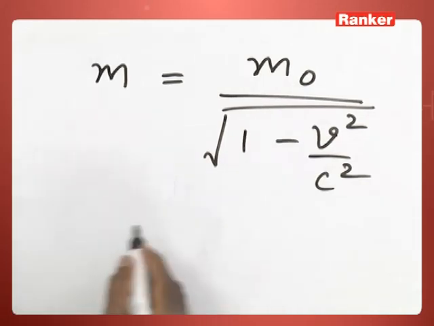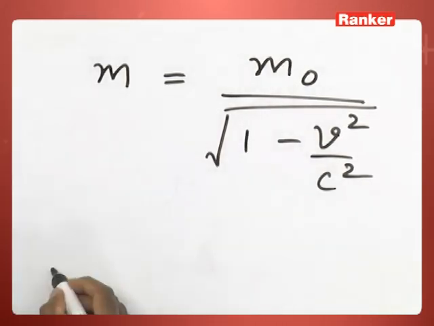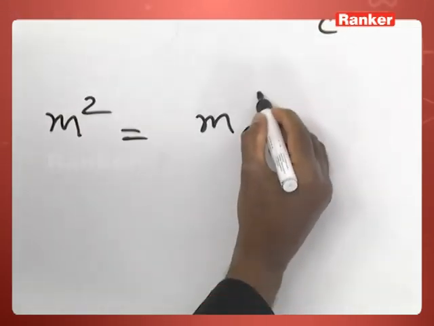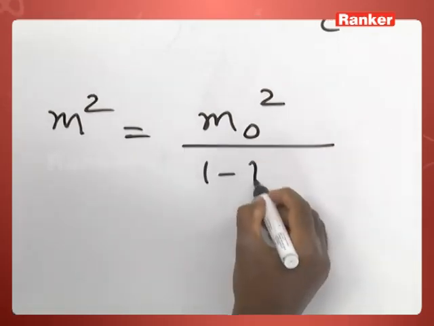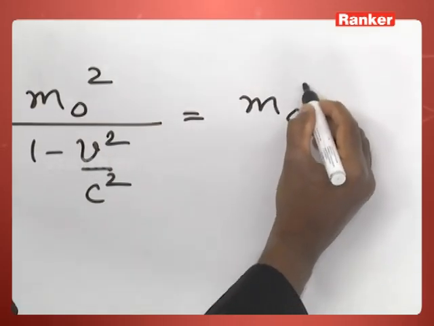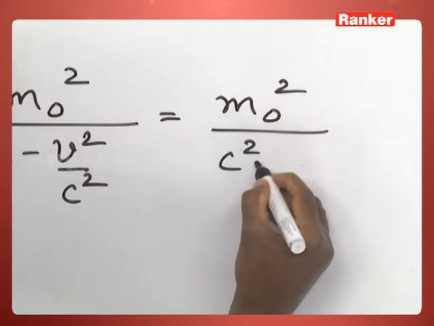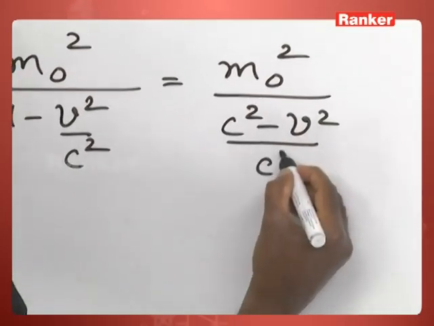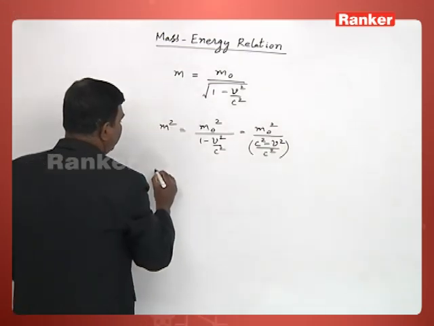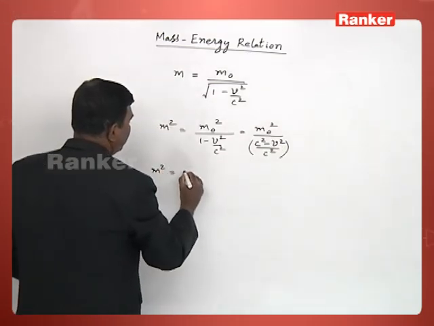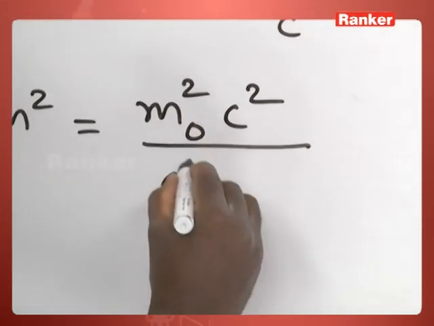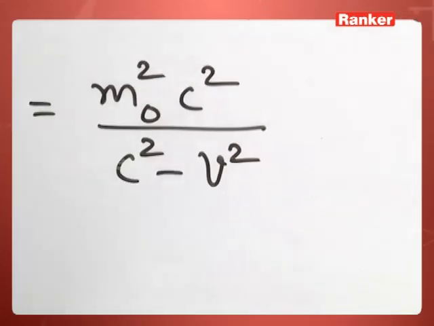Proceeding further, squaring on both sides of the equation, we get m square is equal to m naught square divided by 1 minus v square by c square. We can write this expression as m naught square divided by (c square minus v square) by c square. Next, that becomes m square equal to m naught square c square divided by c square minus v square.